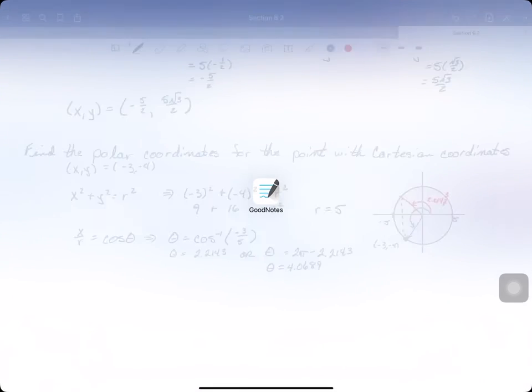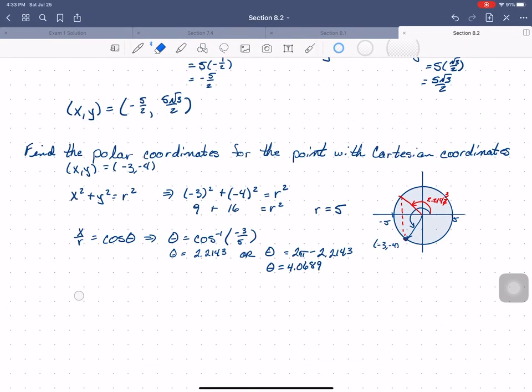Now, how can we check ourselves? Well, pretty simply, because we know that y over r needs to equal sine theta. Right? And we know r and we know theta, so we're going to check to see what 5 times the sine of, we think, 4.0689 is.